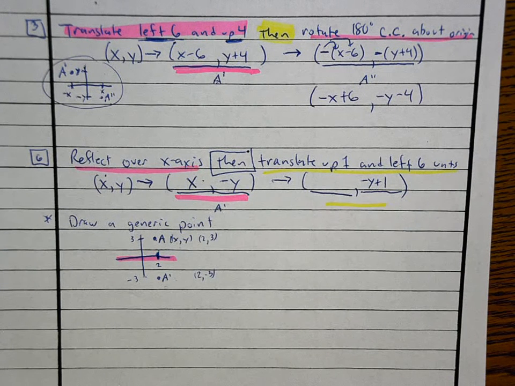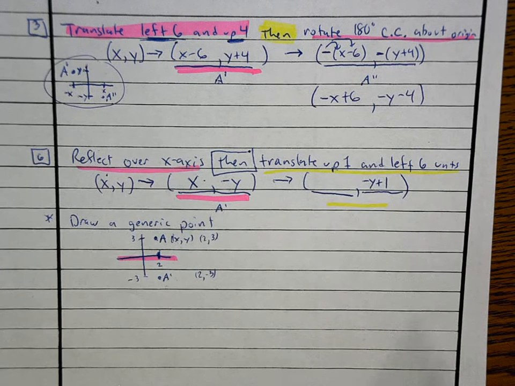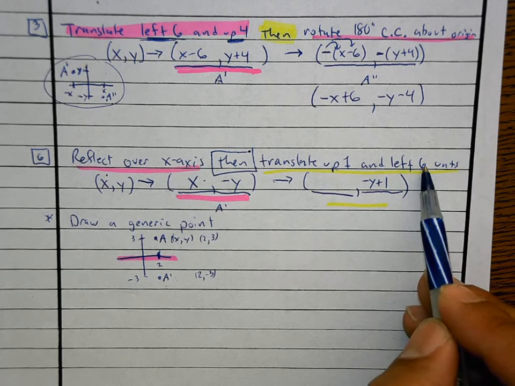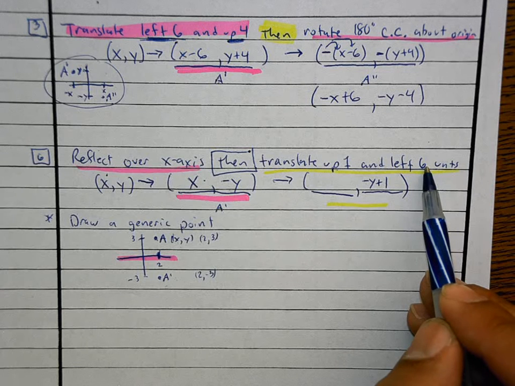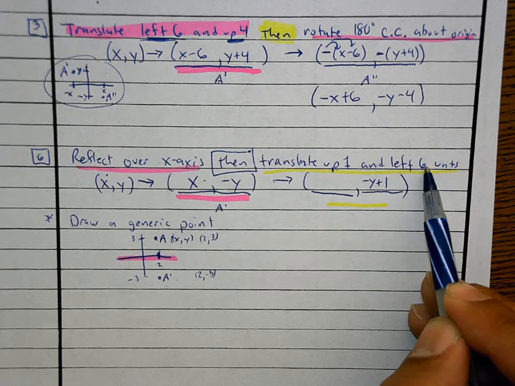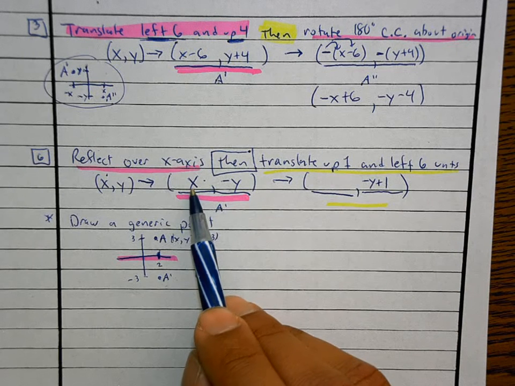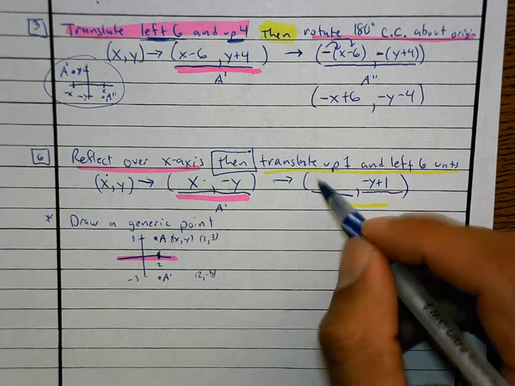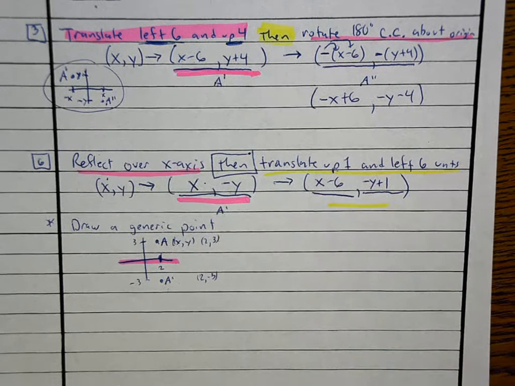Does that make sense? And left 6. Does that affect your x or your y? And so, do I add 6 or subtract 6 from the x? And it's from this x. This x we haven't changed, so it's just x minus 6. Simple?